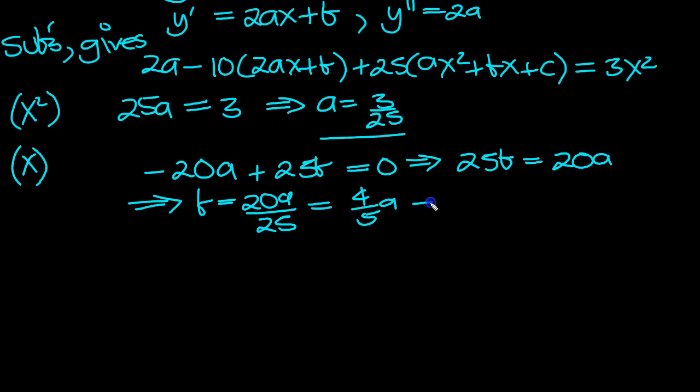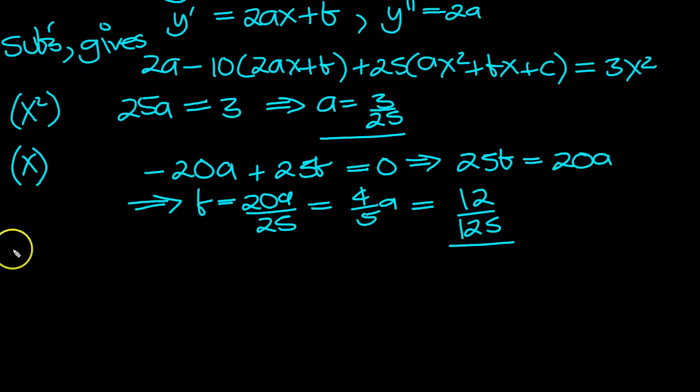4/5 of a. a is 3 over 25, so we're going to end up with 12 over 125. 4 times 3 is 12, and then 25 times 5 is 125. So there's b. So now we just need c, which is here.